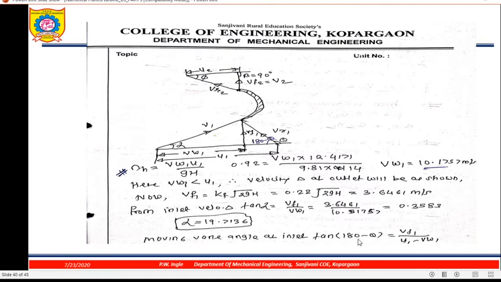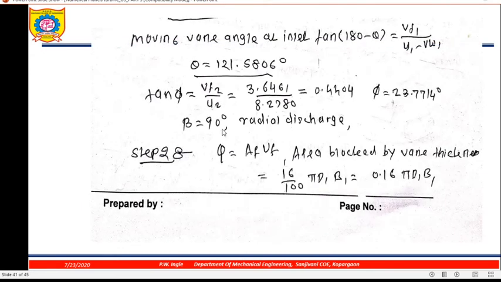So it is tan (180 minus theta) equal to Vf1 upon (U1 minus Vw1), opposite upon adjacent. So this is very important. Then moving vane angle theta you are getting 121 point something. Then phi angle is 23.714. Beta is 90, so radial discharge.